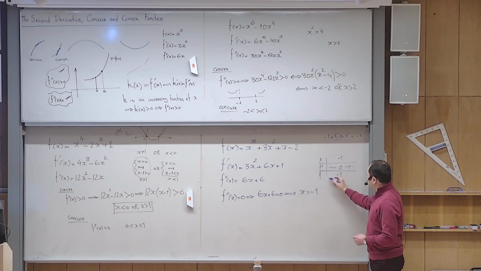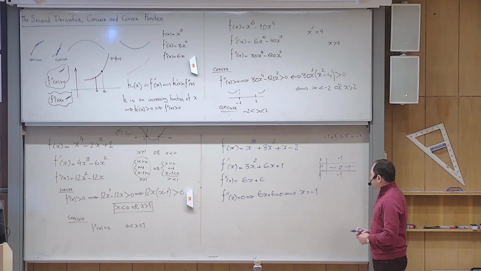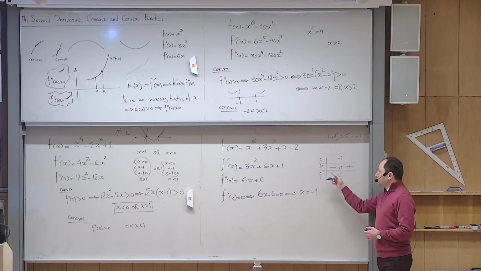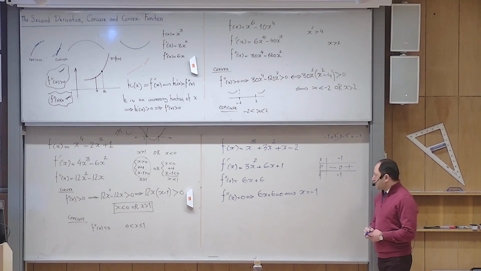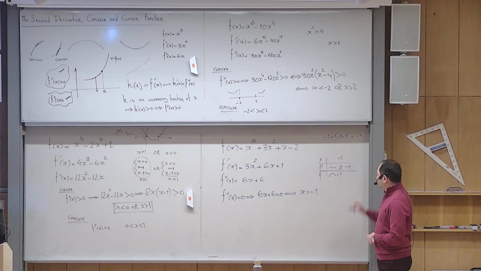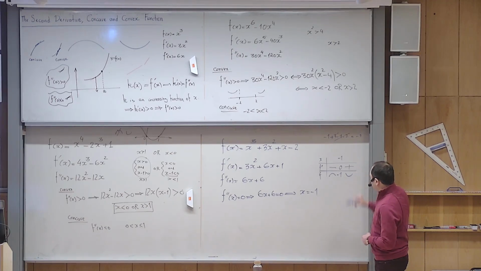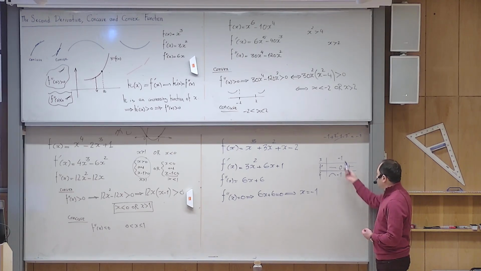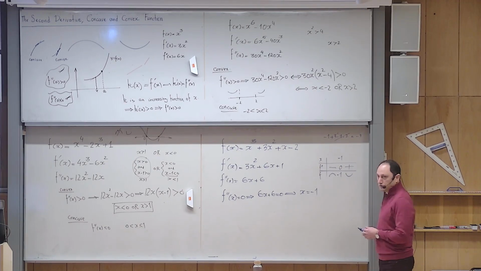Okay, so be careful, do not put the arrows, because arrows are for increasing and decreasing. There is no guarantee that my function is decreasing. This is the second derivative being negative. Yes? Okay, so this means that here the function is concave down, and here the function is concave up. Now I ask you, is minus 1 really an inflection point? The answer is yes, because the concavity has changed.